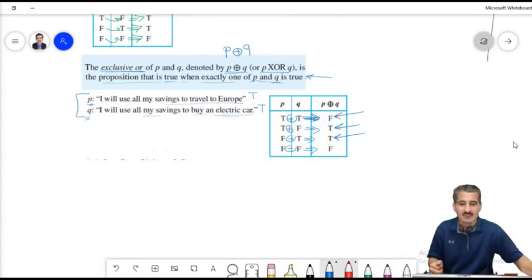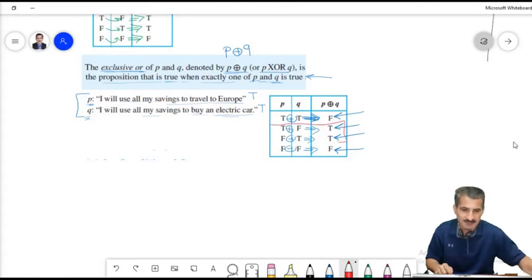Okay. And we are assuming that you must do one of them. You must use your savings. So you cannot say, okay, I don't want to go to Europe and I also don't want to buy an electric car. So that's false and false, and the whole statement is false because we are assuming one of these two things must be happening, either going to Europe or buying an electric car. And that's why we get true exactly when one of them is true.